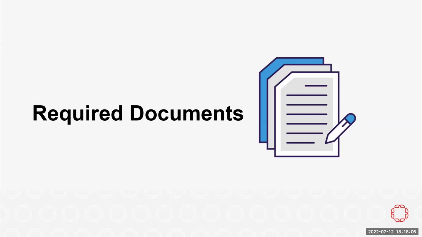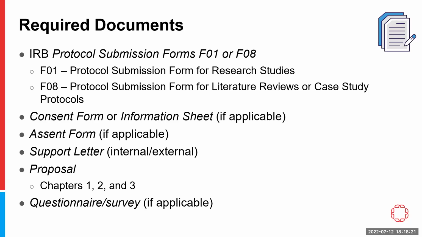Okay. What documents are required for everybody that's gonna upload a project into the IRB? First of those are the protocol submission form, which could be the F01 or the F08.